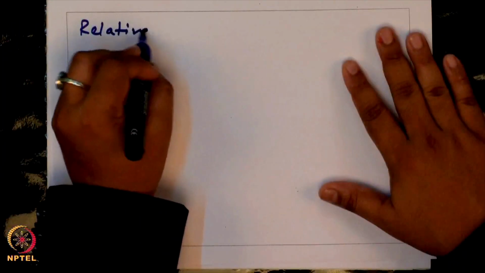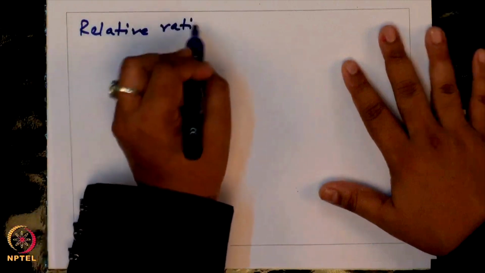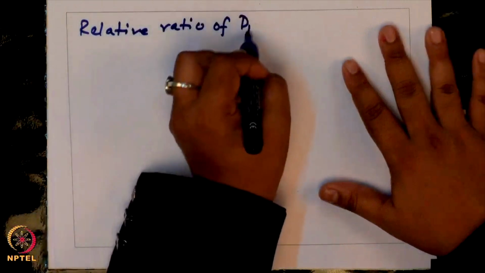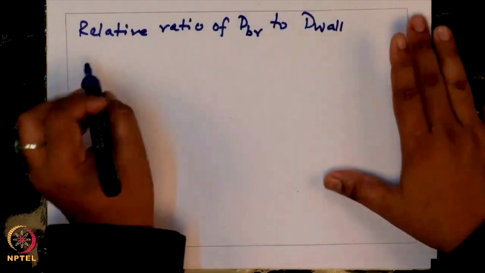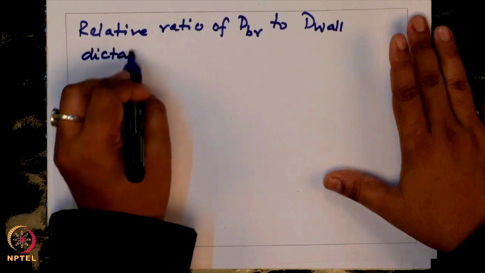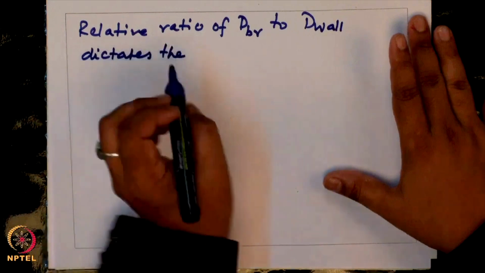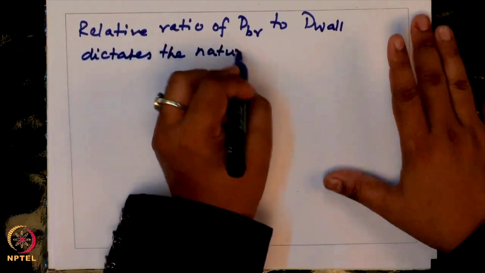Just to conclude, there are two important messages. The relative ratio of dBr to dwall dictates the nature of force velocity curves.